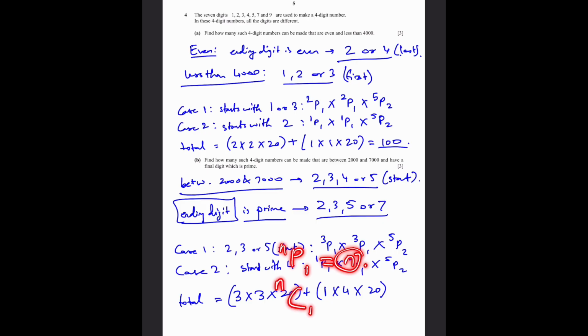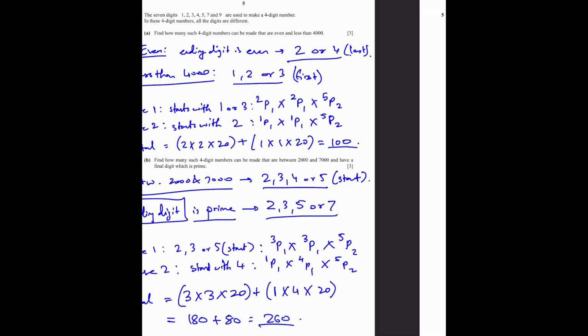Same for nC1 for combinations. It's always equal to n. That's why you can do these very quickly. Even if we have 289 or any random number, this value will be the same number we started with as n. And here we go, let's calculate this value. 180 for the first case and 80 for the second case, 260, and that'll be our answer. 260 possible 4-digit numbers. Now let's go to question 5.